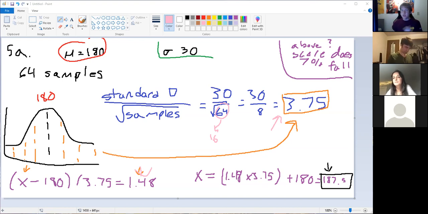You could use the answer to A, which is your proportion, to have some percentage that represents the approximate probability. Or if you wanted to, you could convert to an actual z-score, which would be 85 minus 70, which is 15, over 10 is 1.5, and then whatever percentage is 1.5.